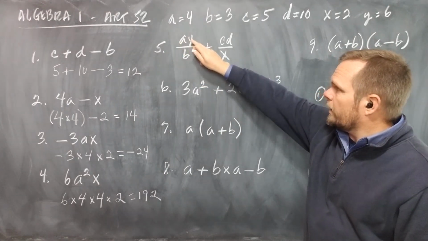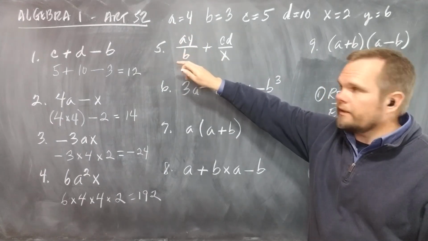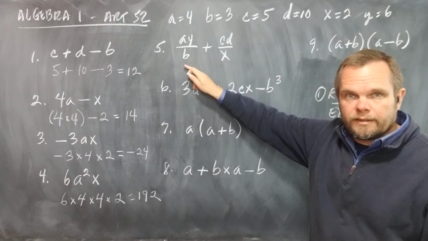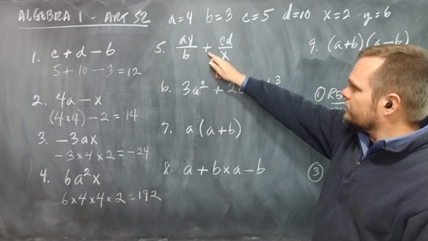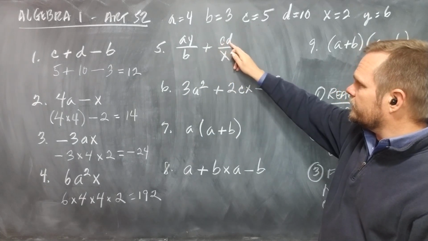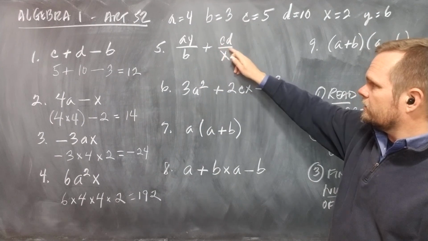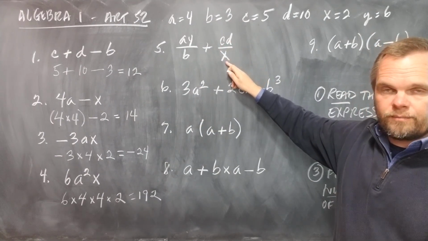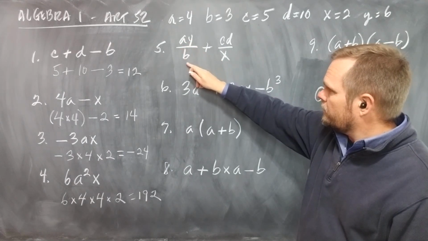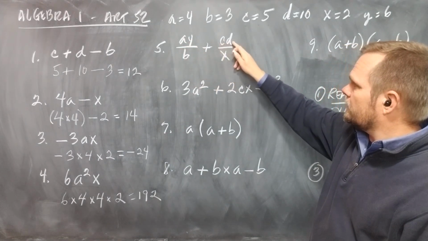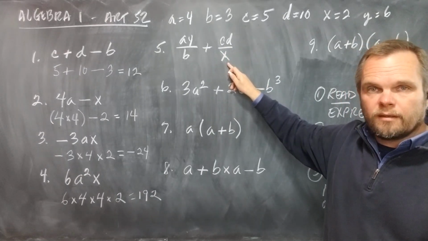We could say that more simply as ay over b plus cd over x, or c times d divided by x. A times y divided by b plus c times d divided by x. That's the reading of the expression.